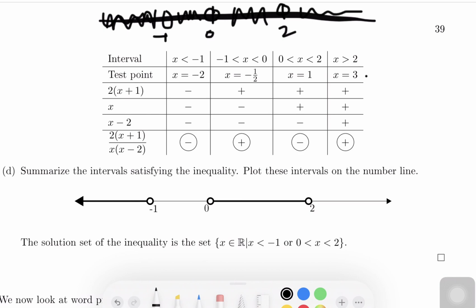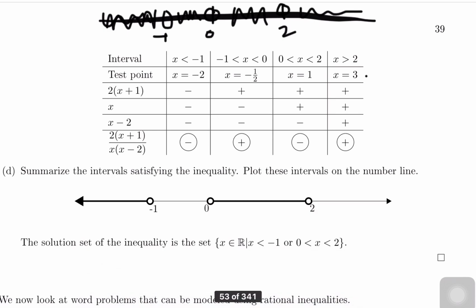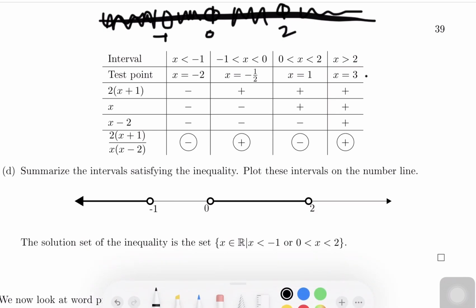And again, you substitute. If x is -2, substitute 2 times -2 plus 1. We have 2 times -2, which is -4, plus 1, so that is negative. Okay, if x is -2, this is negative.